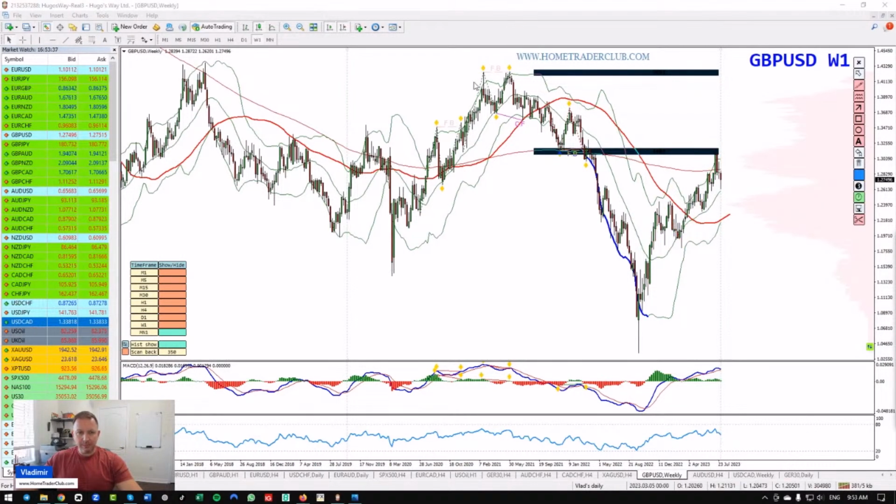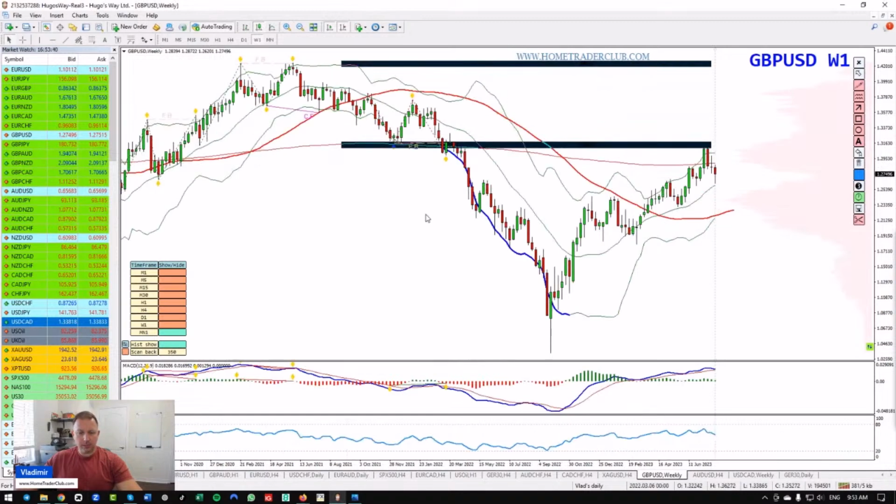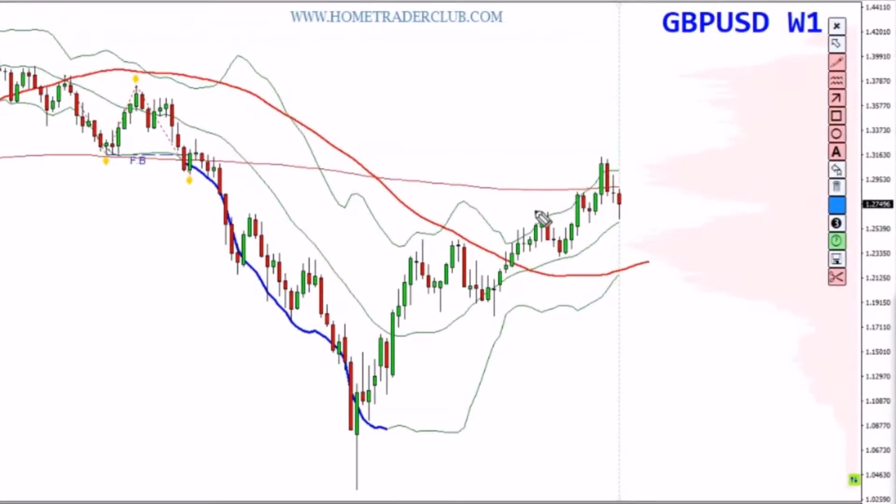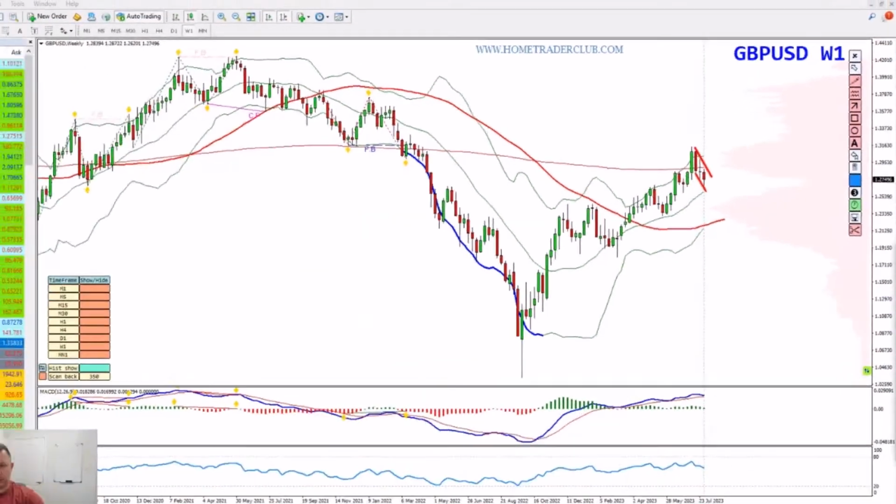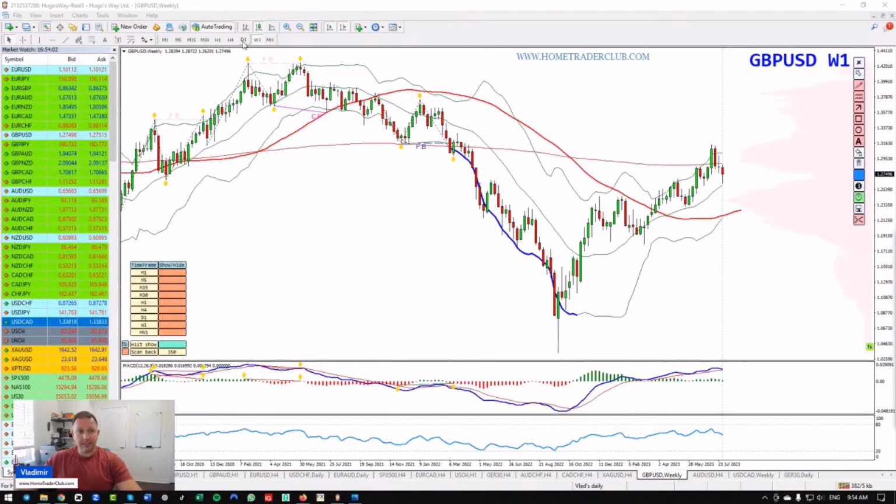So with that in mind, let's see what we have in terms of candles. In terms of candles, these are the last 2 candles of the current rally, and they were countered immediately by 3 sequential weekly candles making lower highs, lower lows. That's a pretty strong sign by itself.